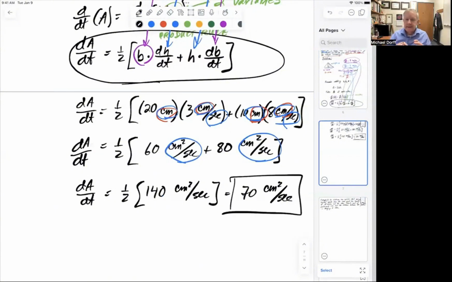It also makes sense in terms of the units, is what I was referring to. I have something that is linear. That means it's going either up or down or left or right. Then the rate of change there should be 1 unit over seconds, so it should be centimeters per second, because I'm going one direction, the exponent on the centimeters should be 1. When I do area, I can go in 2 directions, I can go vertically and horizontally.